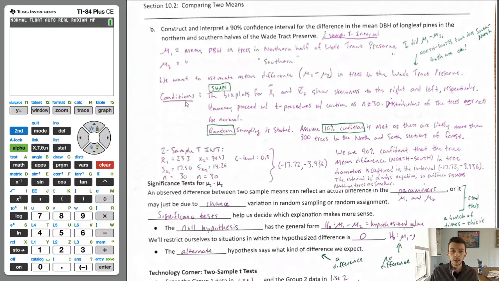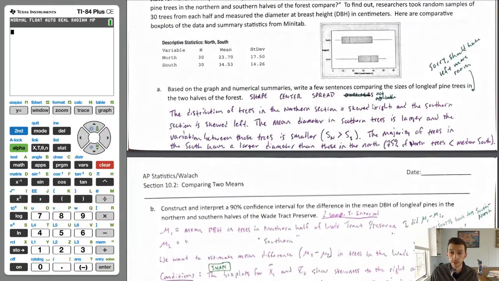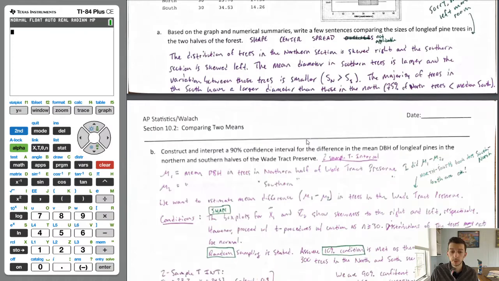So the conditions that I have to check after I state everything, I have to state my shape. So the box plots do show skewness, and we said we were going to proceed with t procedures because our n is actually exactly 30 if I remember correctly. Yep, n equals 30 for both of these.